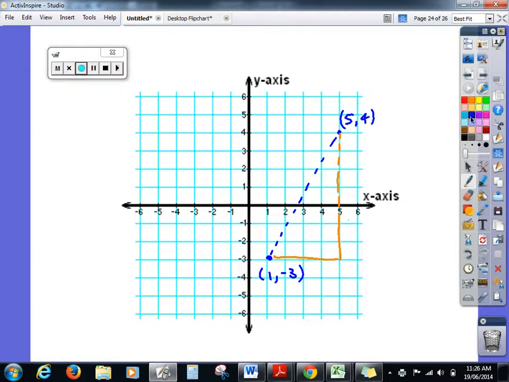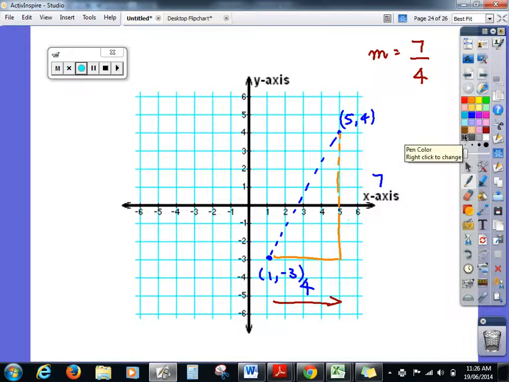So our vertical rise, 1, 2, 3, 4, 5, 6, 7, is 7. And our horizontal run is 1, 2, 3, 4. And notice the horizontal run is forward. That means that the slope is going to be in a positive direction. So the gradient is simply 7 over 4.